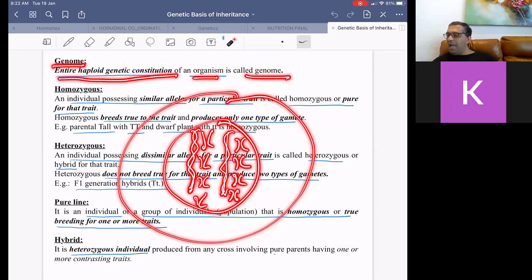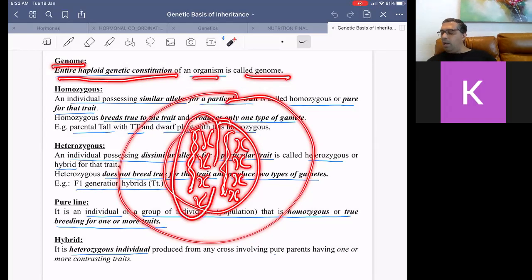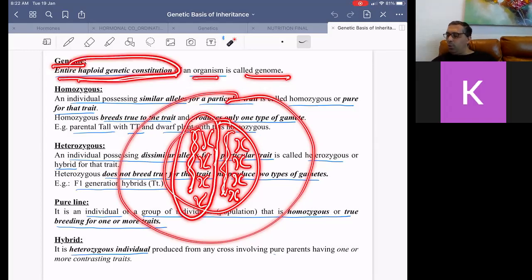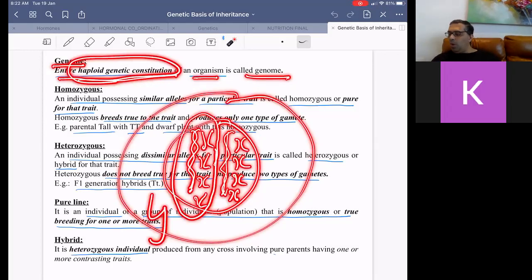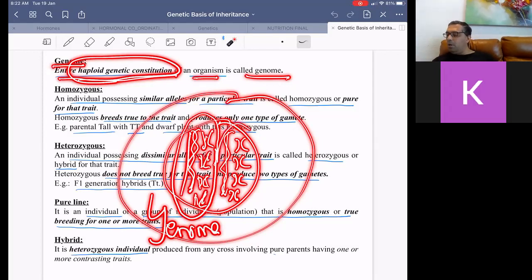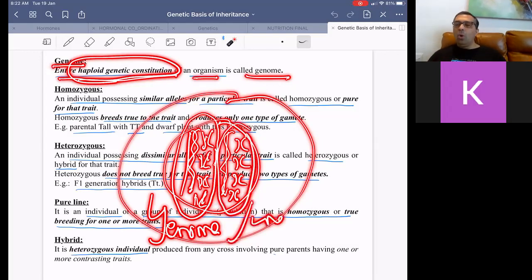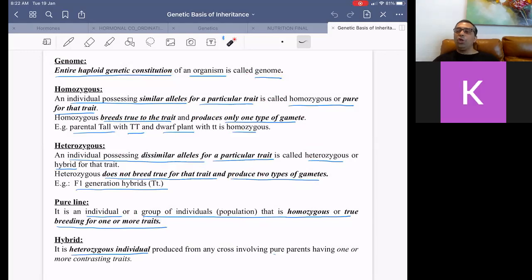One haploid genetic constitution, either maternal or paternal, is called one genome. So maternal DNA or maternal chromosomes are called the maternal genome, and similarly paternal chromosomes are called the paternal genome. So haploid is called genome.